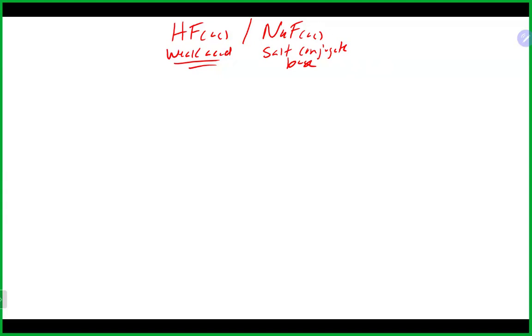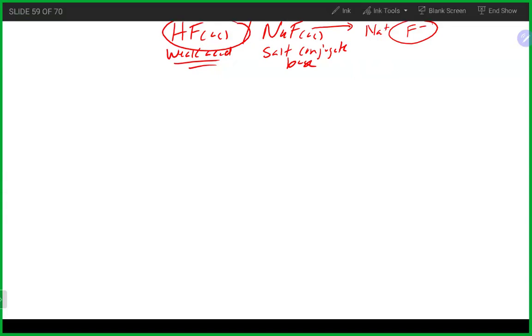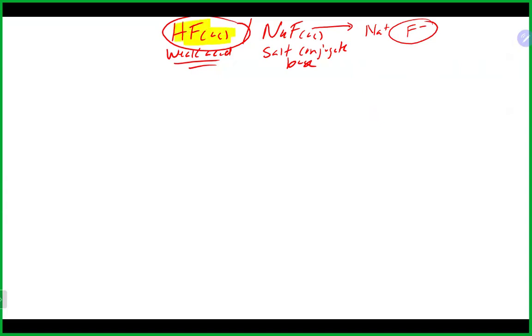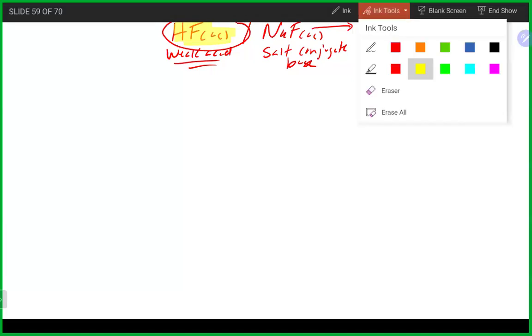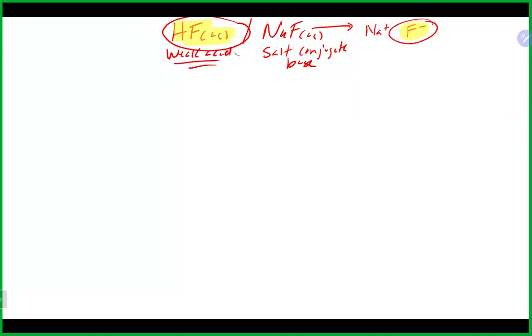And once again here, this sodium fluoride is a source of sodium and fluoride. It is the fluoride part that's actually the buffer part here. So the real buffer components are the HF, which is the acid part of the buffer, and the F minus, which is the base part of the buffer. Once again, as I mentioned earlier, you can use the Bronsted-Lowry definition there, and that is just one H plus difference between them.